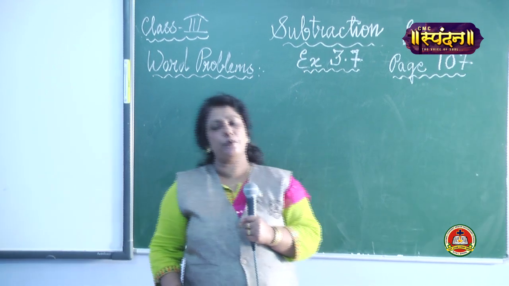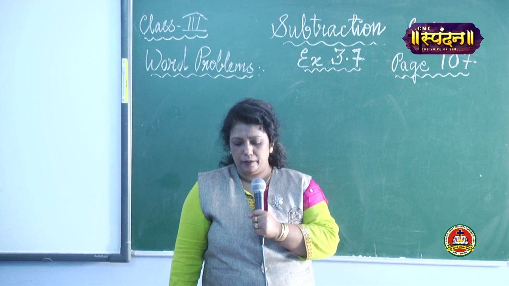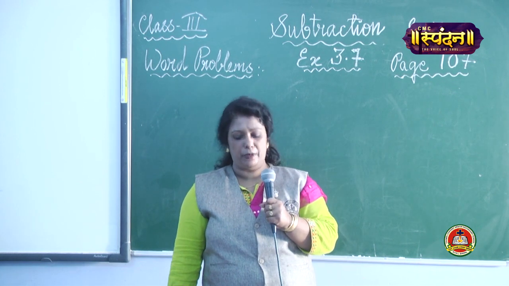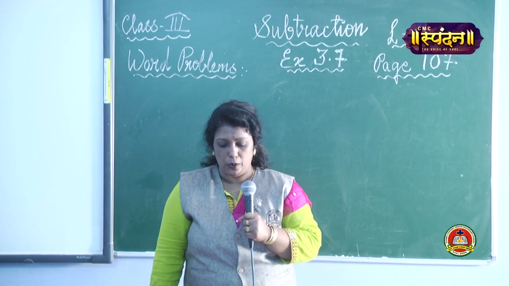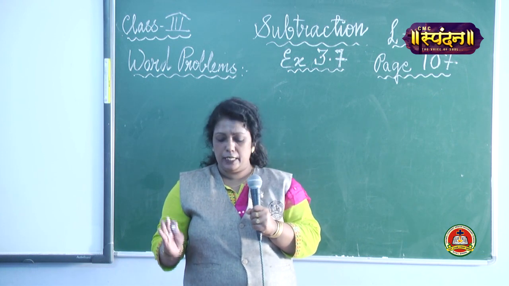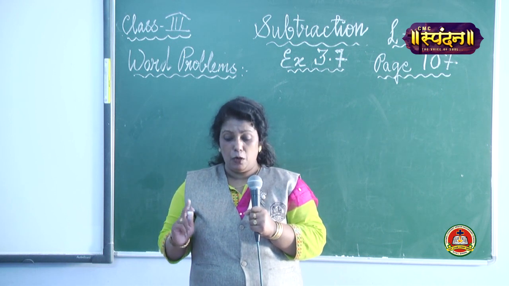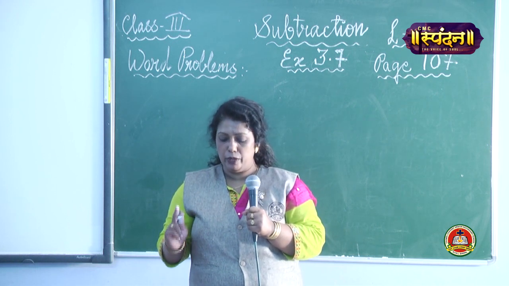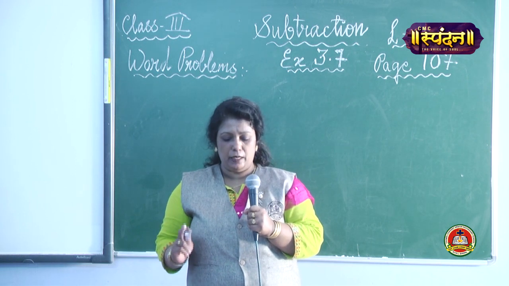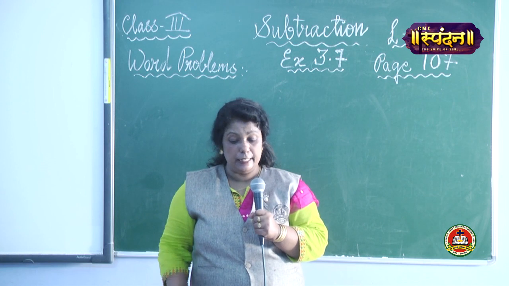The first word problem, I'll deal with one example. The first example is, in a school there are total 5,345 students. Out of 5,345 students, 2,785 are girls.